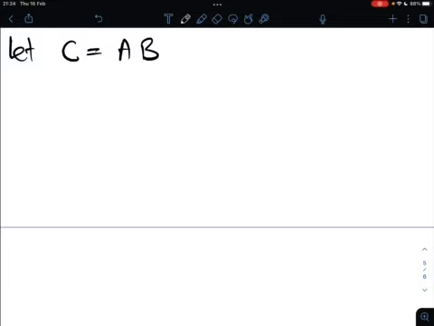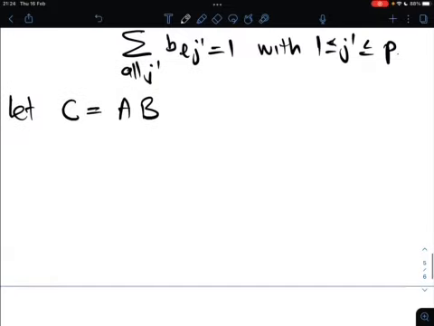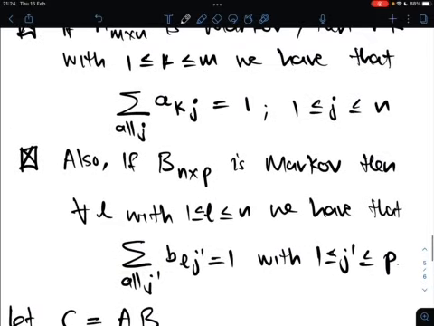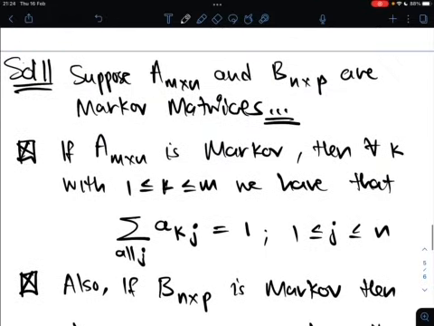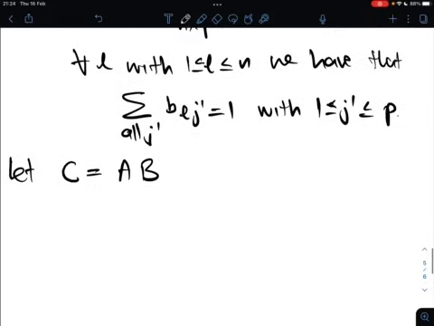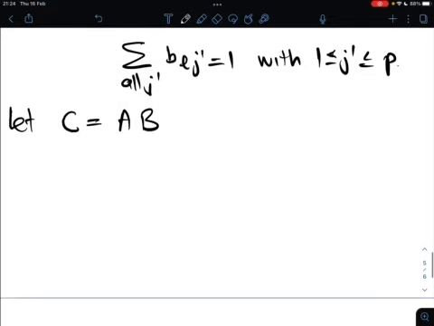So we'll assume that the product of these two matrices is another matrix, C. And we know from the orders we have defined, since B was n by p and A was m by n, that this is going to be an m by p matrix. So we'll write its entries as C_ij, like that.